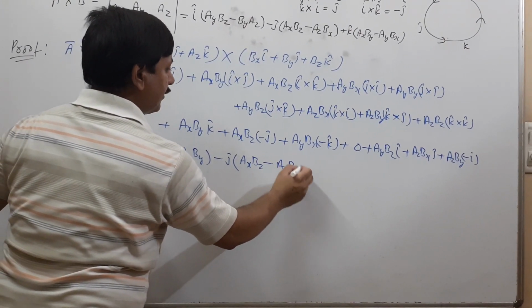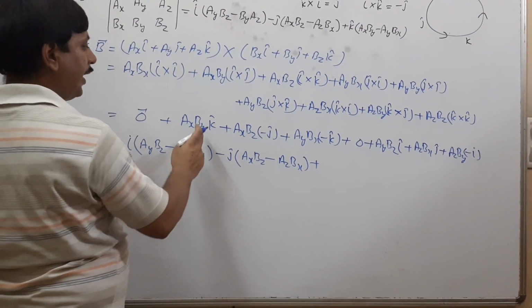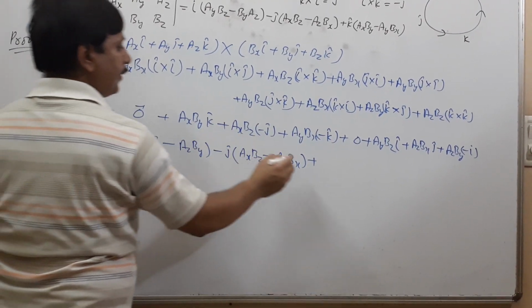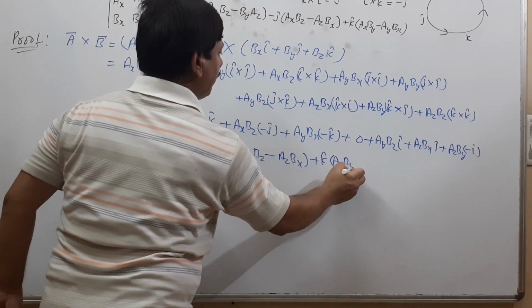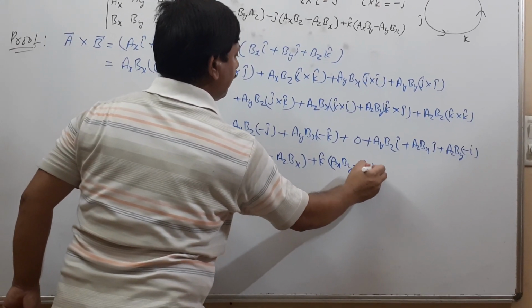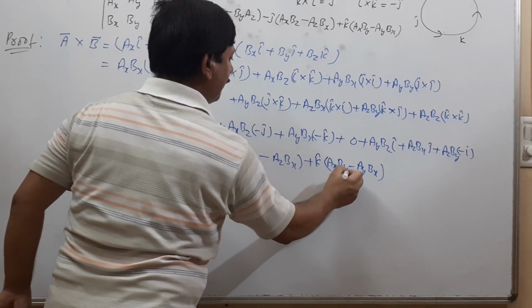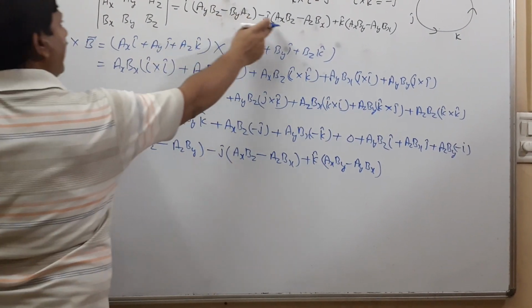Last, k: this is ax by minus ay bx. The same formula I have given here.